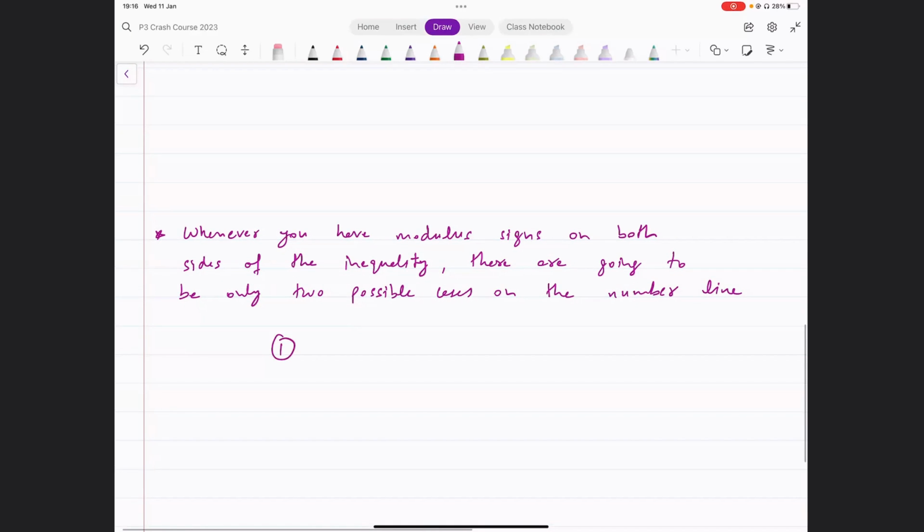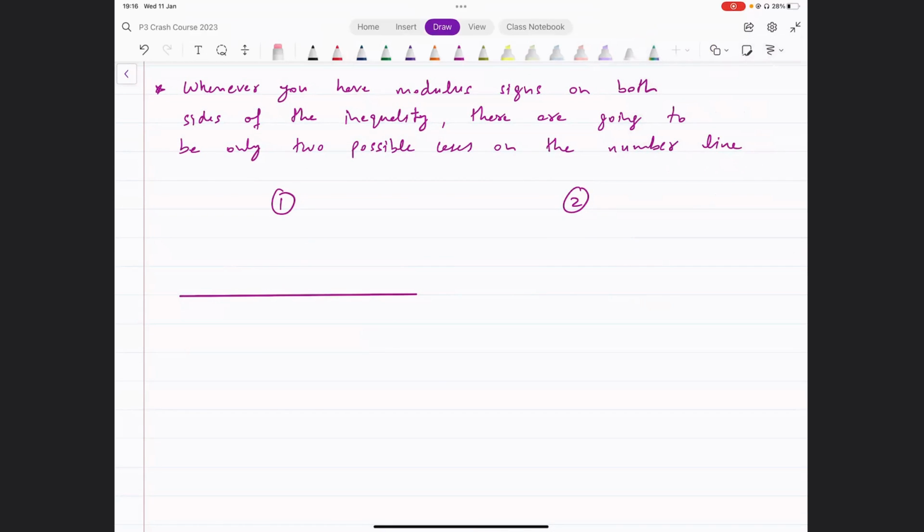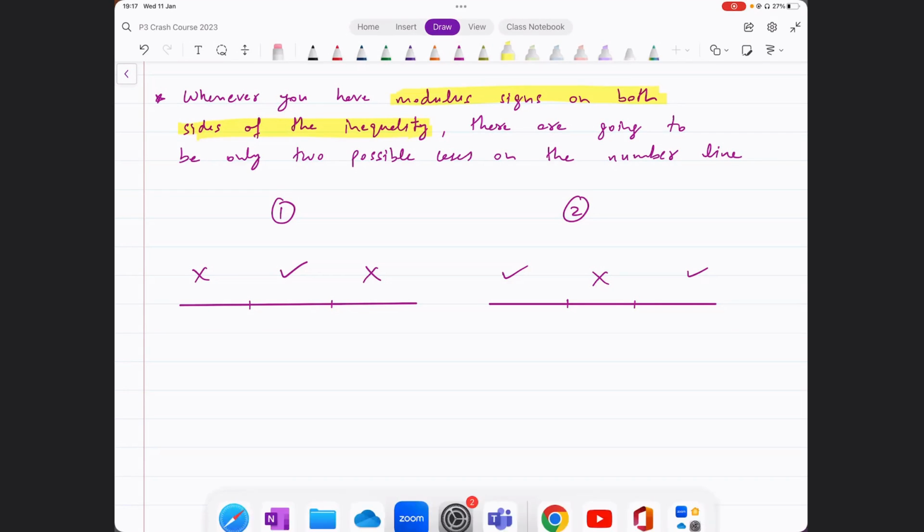Number one, number two. The first possibility would be, if you've got something like this, you've got two critical points. The first possibility is going to be that the middle region is correct and the regions on the sides are incorrect. And the second possibility is going to be that the regions on the sides are correct and the region in the middle is incorrect. When does this apply? It applies when you have modulus signs on both sides of the inequality. In this case, you have these two possible cases.